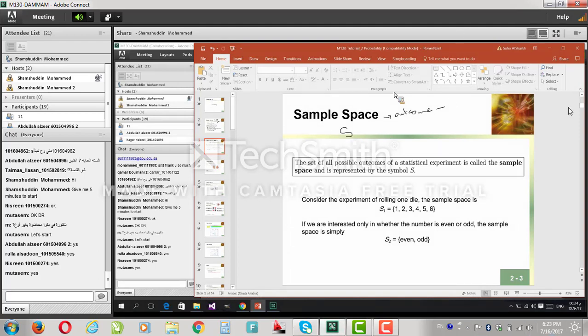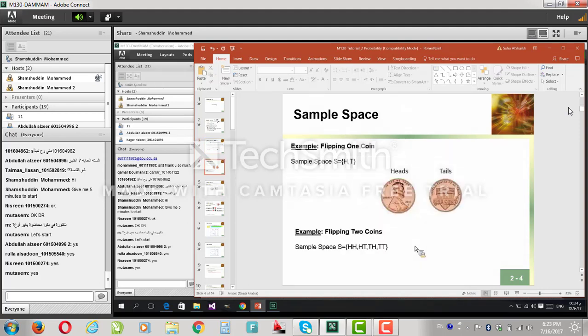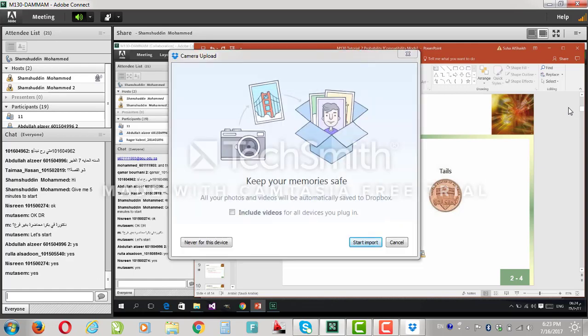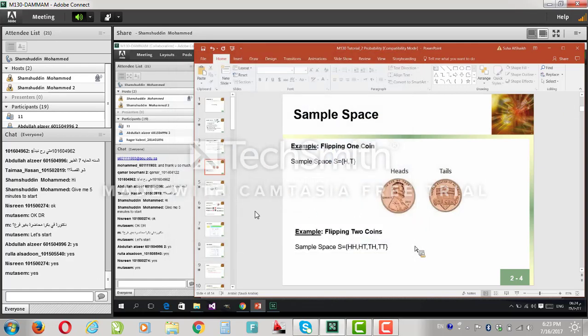We have different ways to do this. For example, if we have the experiment of rolling 1 die, the outcomes are listed. Let's see an example here. How many 4-digit numbers larger than 7,000 can be formed from the digits 5, 6, 7, 8, and 9 without repetition, meaning without repeating the digits?